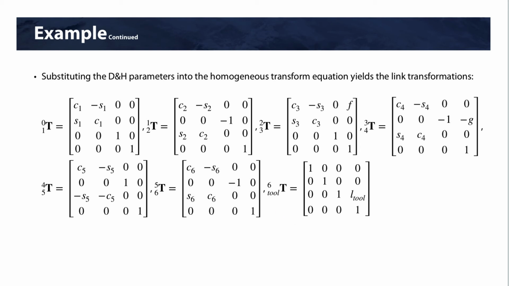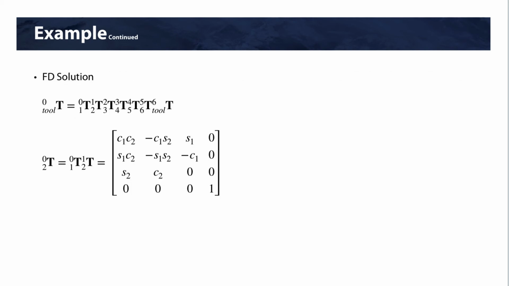We find our homogeneous transforms, and then the next step is we need to multiply those all together. You can do it all at once or you can do it piecemeal. For example, we want to find the transform describing frame 2 with respect to frame 0. It'd be 1 with respect to 0 times 2 with respect to 1. You would get this.